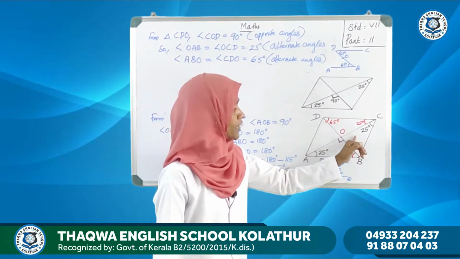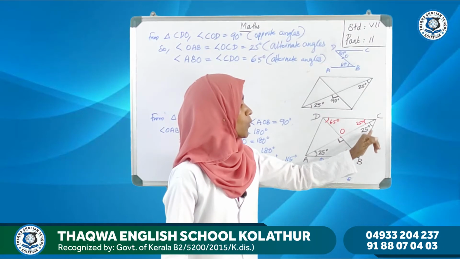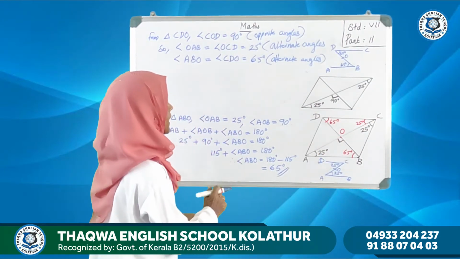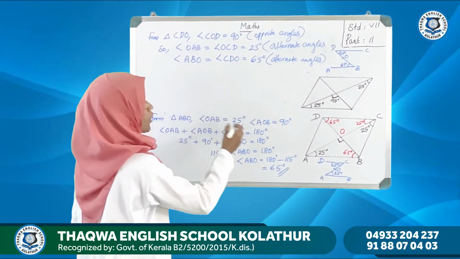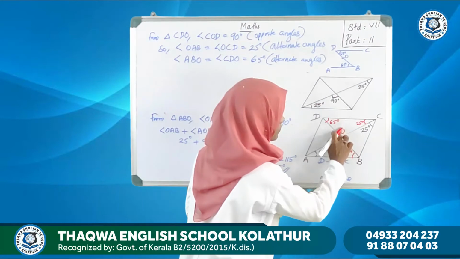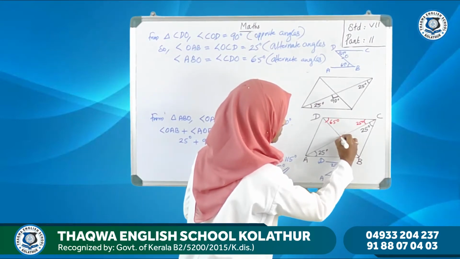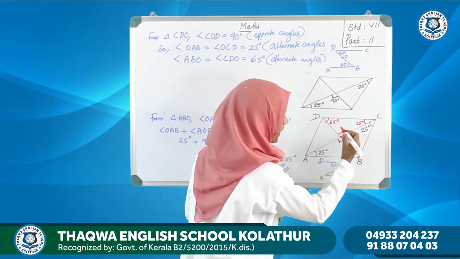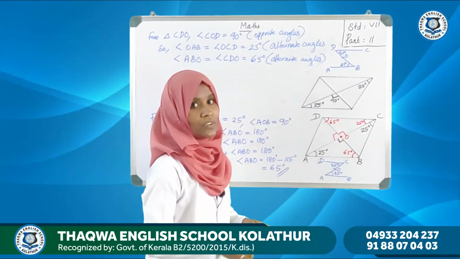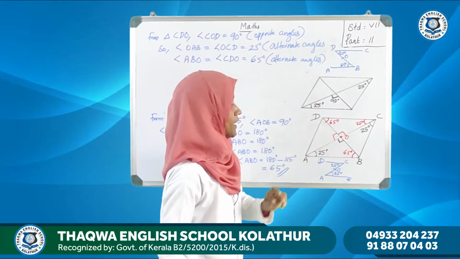Now next we have to find out the angles of triangle OBC and triangle OAD. Now first, here also 90 degrees. Next let us consider this angle, angle AOD.